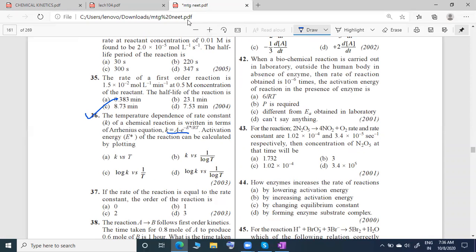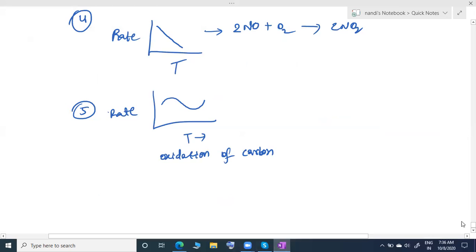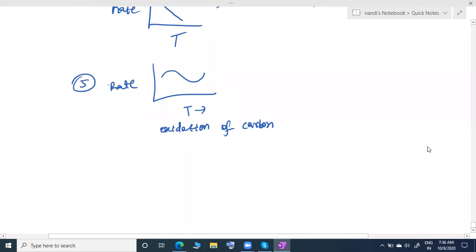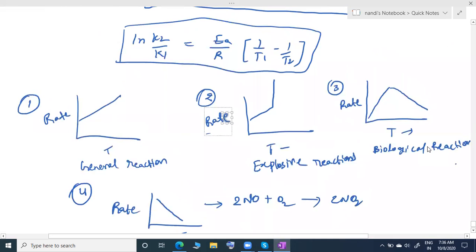It is log K versus 1 by T, or ln K versus 1 by T, but not log T. That is, keep in mind. Is it correct or wrong? If you want, you can check it. So we have given the graphs. You can see here I have given all the graphs.